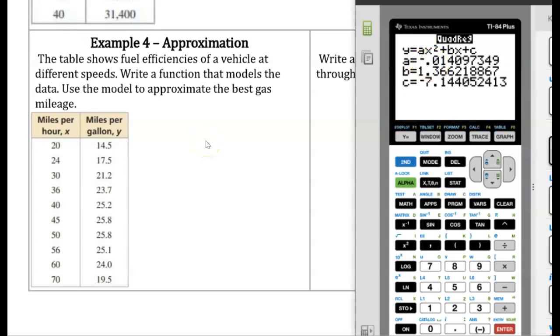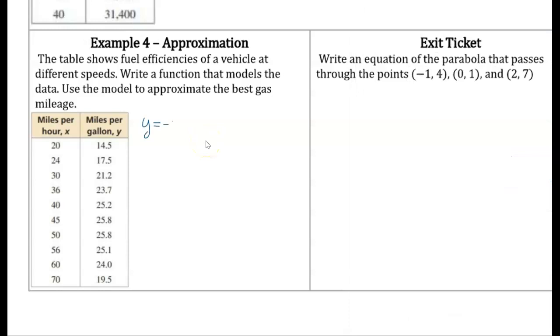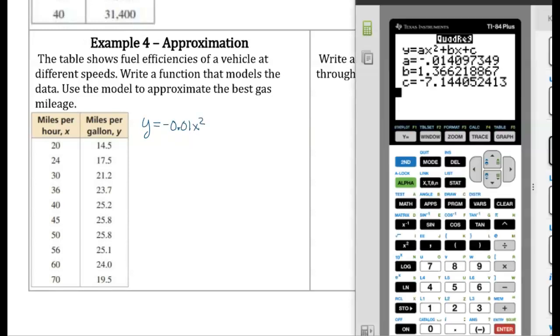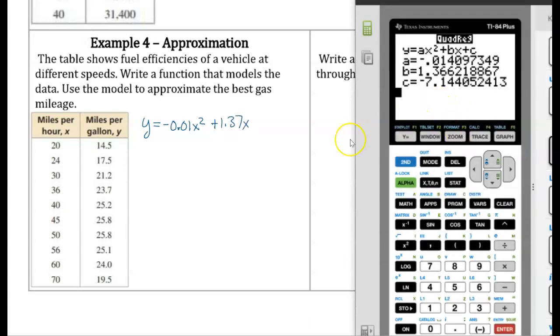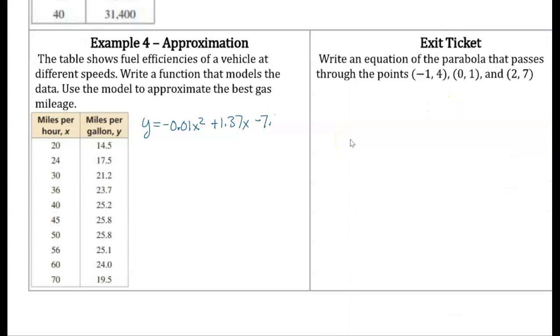My a value is negative 0.01, x squared. And then my b value was 1.37 x. And then my c value is negative 7.14. So there's my equation, and that is the model that will approximate the best gas mileage.